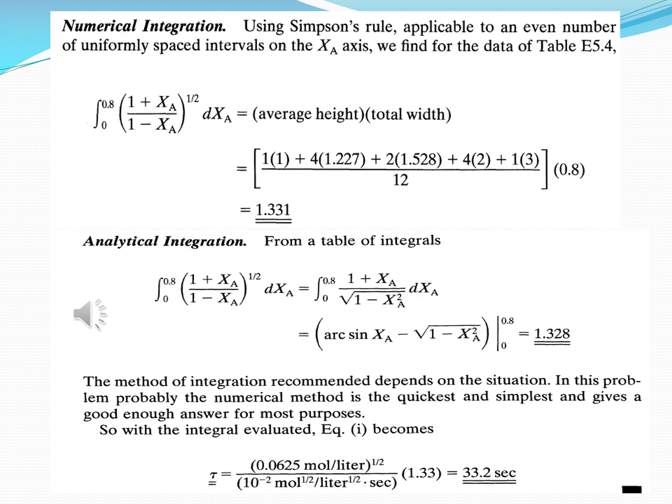It comes out to be 1.331. So from the graphical method we have the answer of 1.36, and from the numerical method we have 1.331. From the analytical method, you can also solve this integration by this relation, apply the limits on the right hand side, where 1 plus xa over 1 minus xa square root, and you get an answer of 1.328, which is closer to the numerical integration.